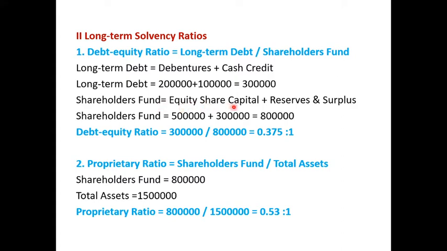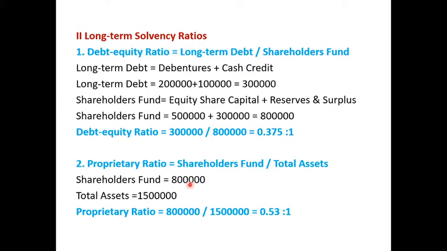There are two shareholder fund items given in the problem. One is equity share capital and another is reserves and surplus. Now, shareholder fund is rupees 8 lakh. Debt equity ratio is equal to 3 lakh divided by 8 lakh, that is 0.375:1.